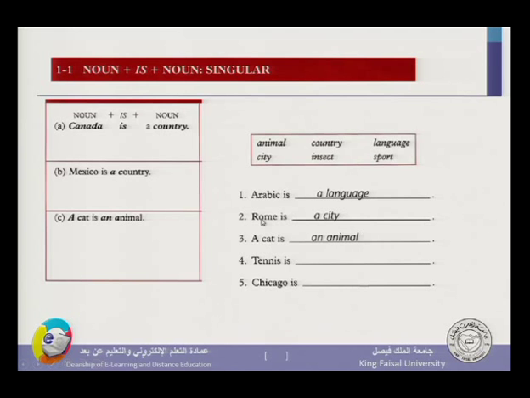Rome, the city, Rome is a city. A cat is an animal. Now can you do the next two? Tennis is, which one of these? Tennis is a sport, right? Chicago is, yeah, very good, a city, all right? So here the number one, we can use a noun, then is, then another noun.